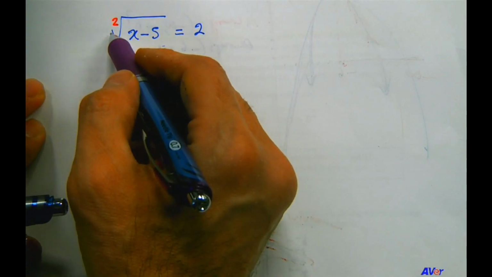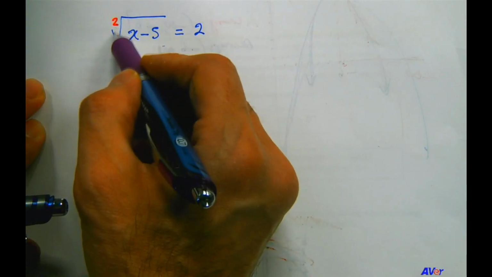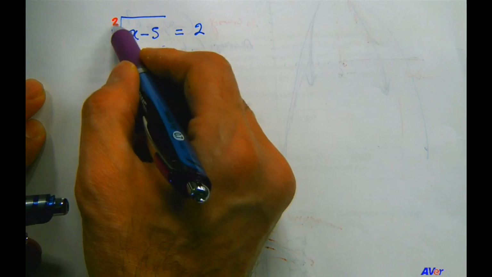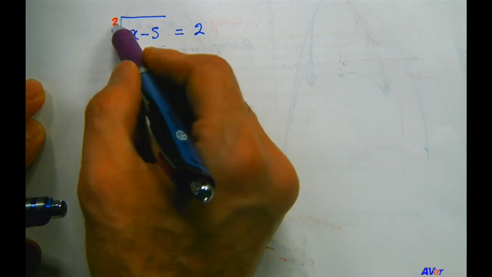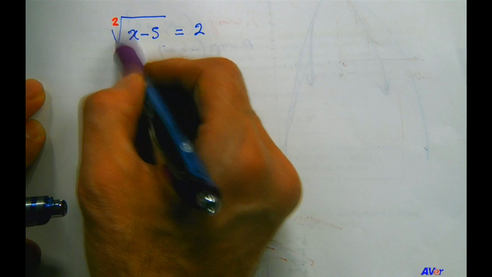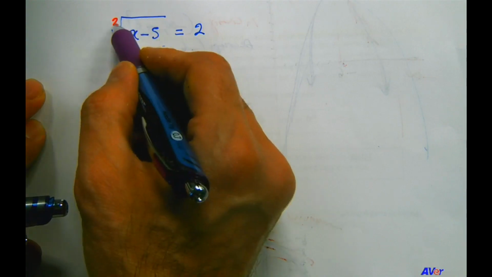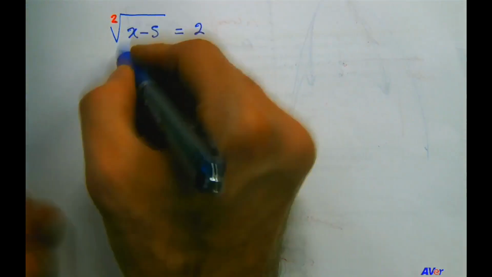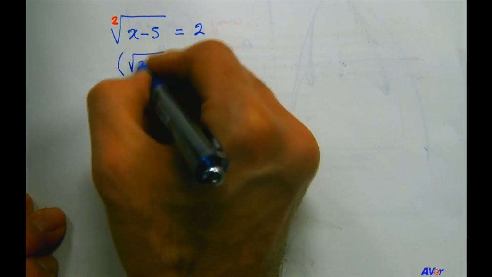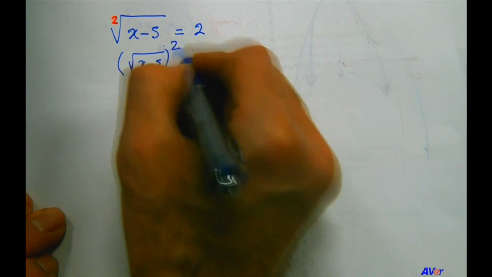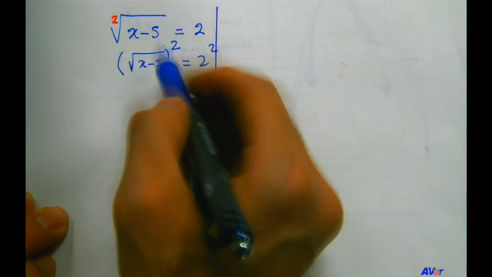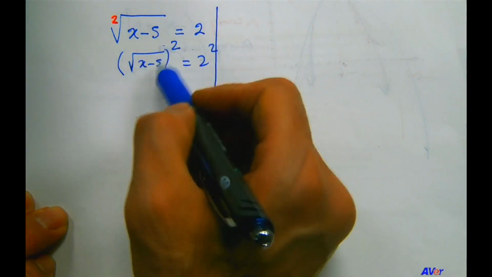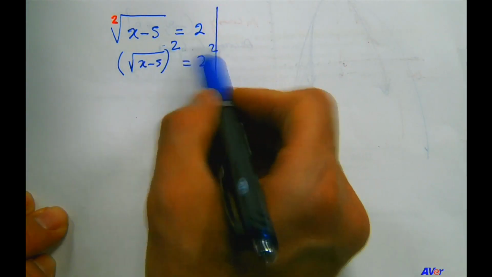I can write it, it's not incorrect, but by mathematical convention, if that number is 2, we don't write it. Because that index is 2, in order to solve for x, we must raise both sides to the second power. So the appropriate power to raise both sides to is the second power.